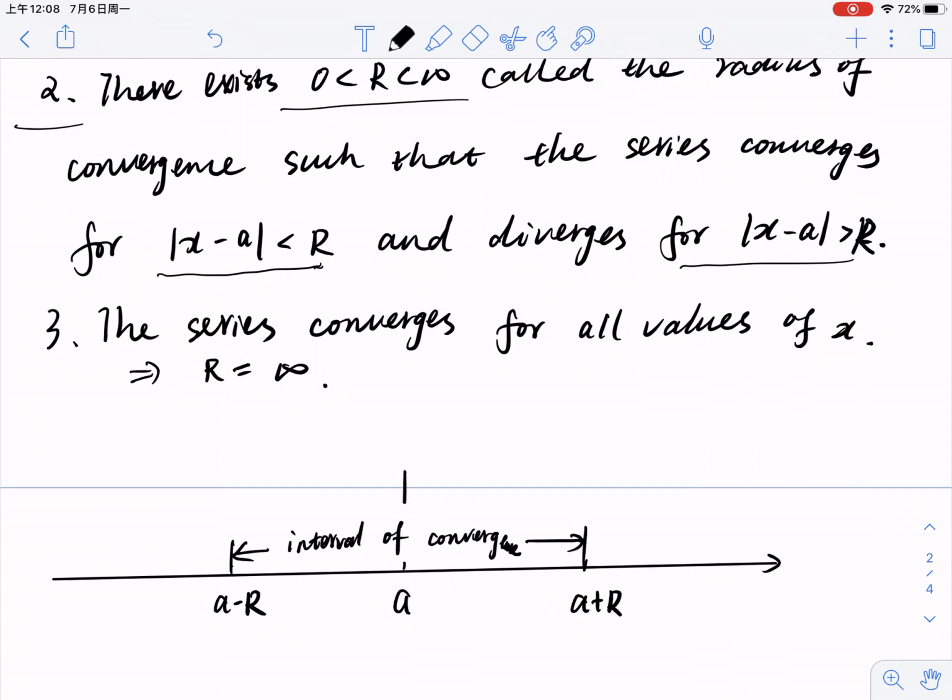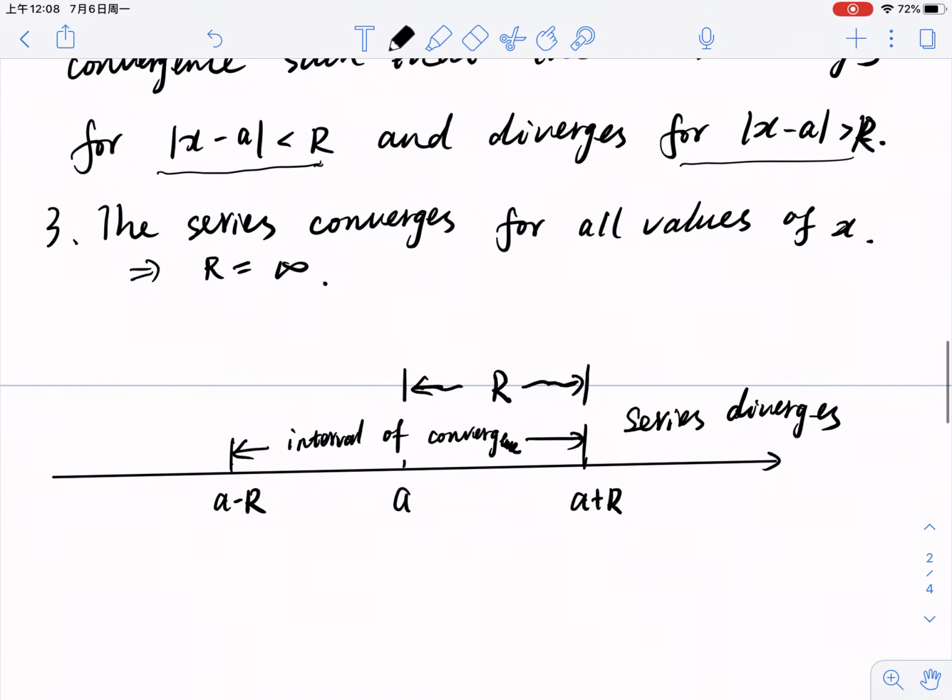And this R is this distance. This part is where the series diverges. If x is less than a minus R, the series also diverges.